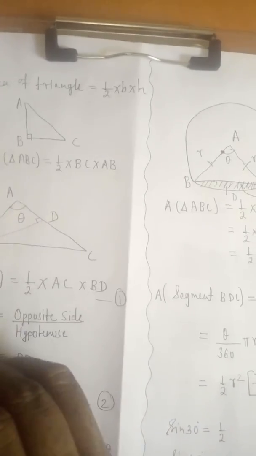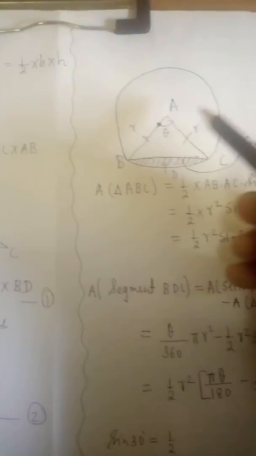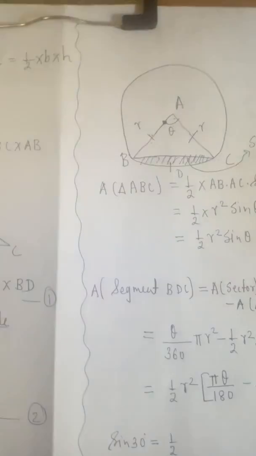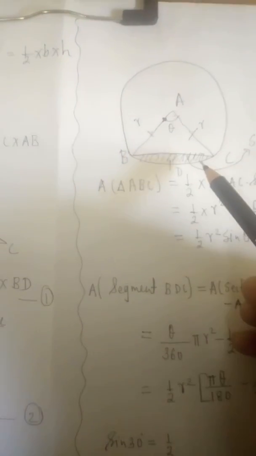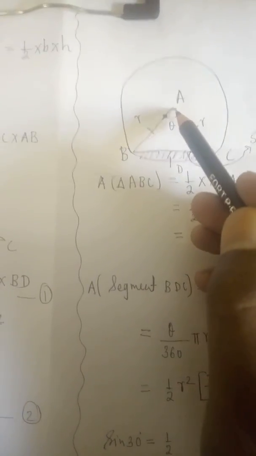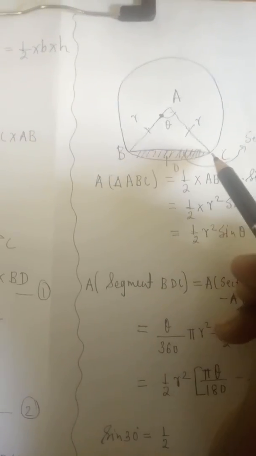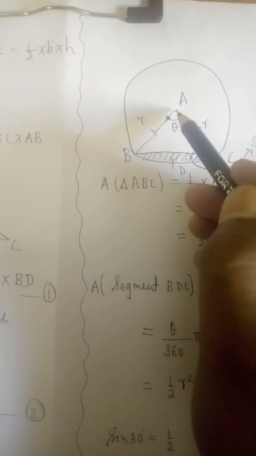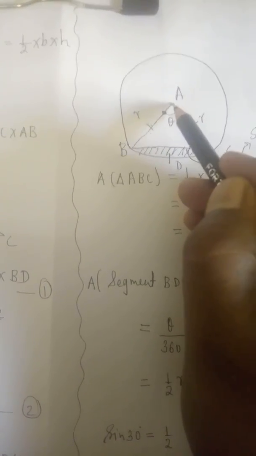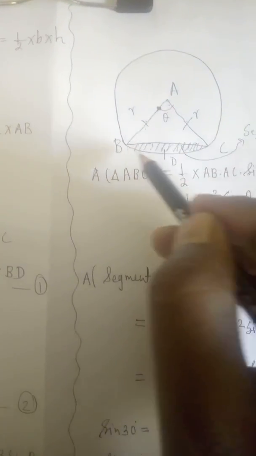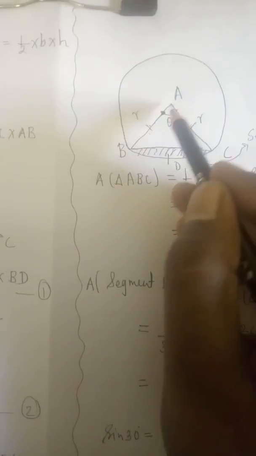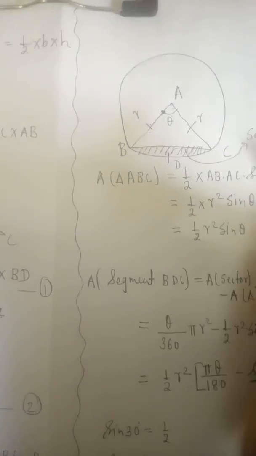Let's take this same triangle ABC. Now here in this triangle ABC, I'm just trying to make you understand what is happening here. AB and AC are the radii, where B and C lie on the circle and A can be the center of the circle. So what happens, a circle is formed and we are getting ABDC as a sector.